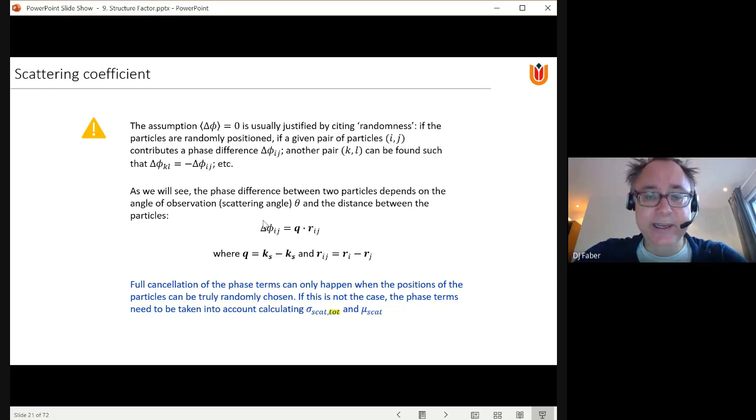The vector rij is the vector that connects both particles, and the scattering vector q is the vector difference between the scattered wave vector and the incident wave vector. So that is ks minus k incident. I have a lot of typos to correct, I see today. Ks minus k incident, for which we'll get an expression later on, but that will depend on the scattering angle.